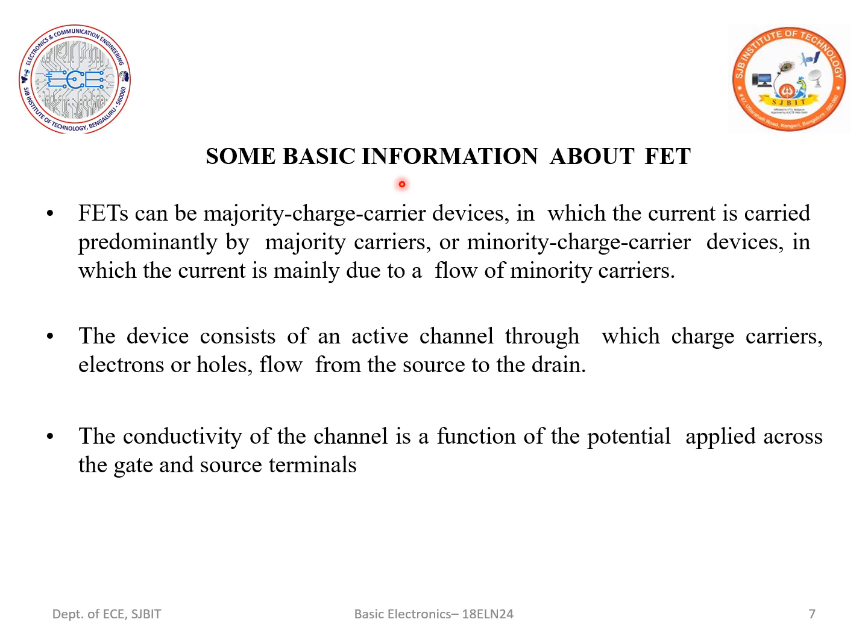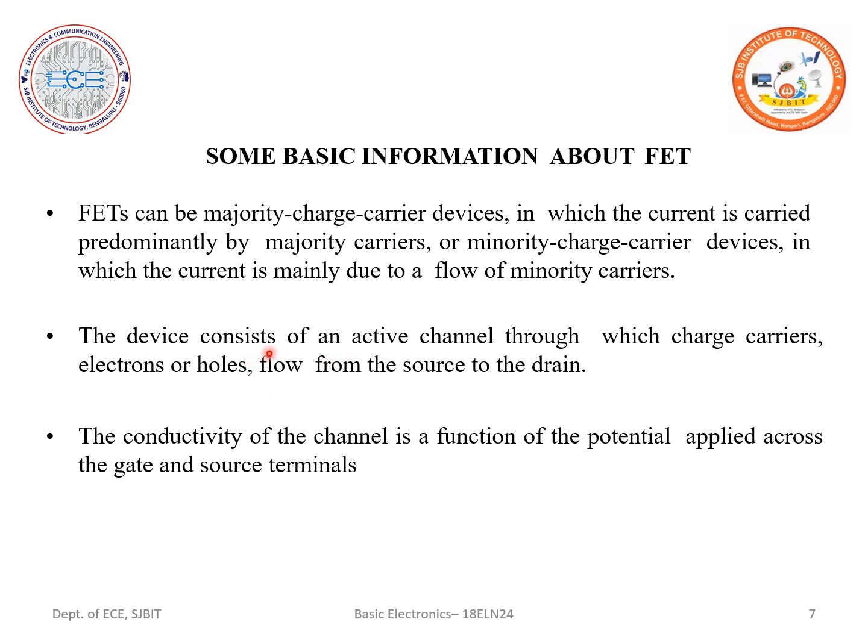FETs can be called majority charge carrier devices if the current is due to the majority charge carriers, or minority charge carrier devices if the current is mainly due to the minority charge carriers.